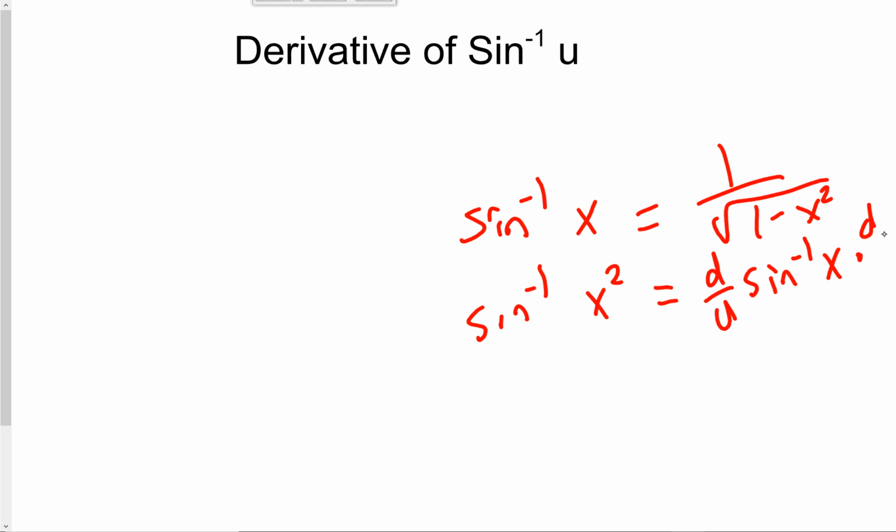I guess you've got to use u. So how this is always going to be is it's going to switch to 1 over square root of 1 minus u squared, times the derivative of u.